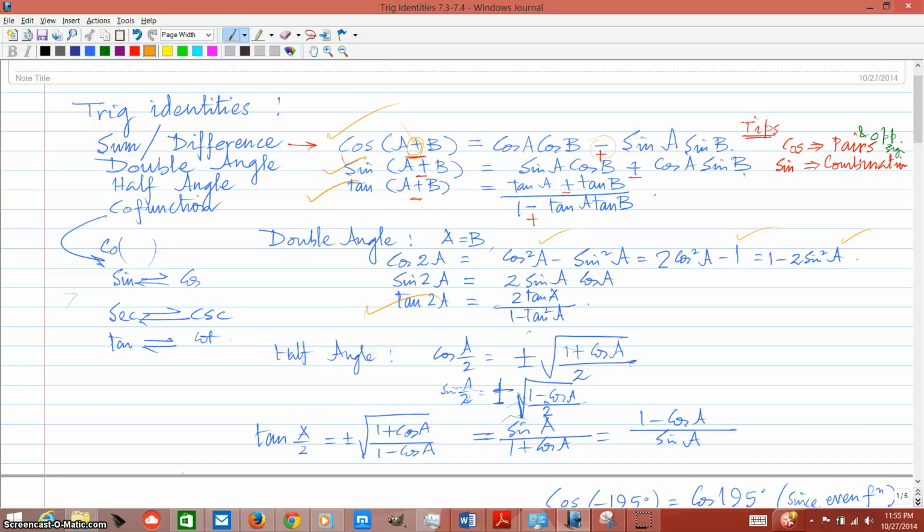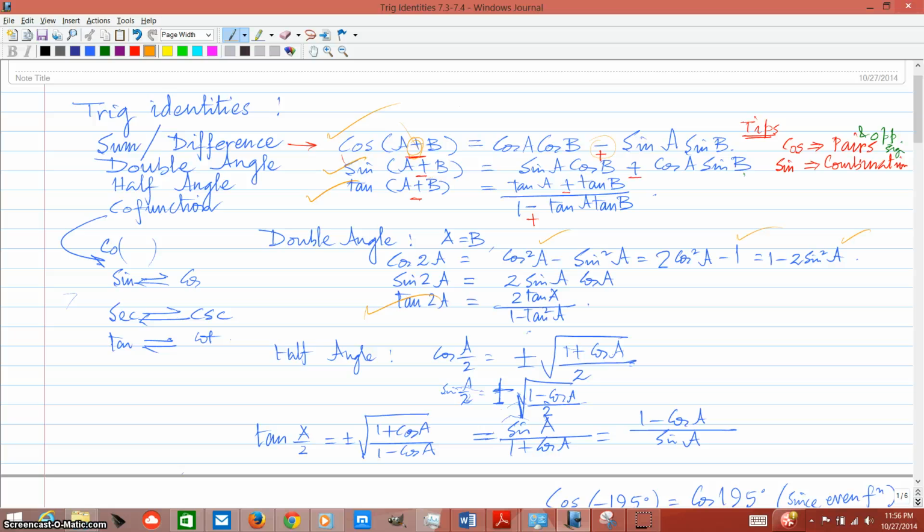Now for half angle, pay attention that if you remember one half angle, you know the other ones. For cosine A by 2, you always use the plus minus sign when you do not know the angle measurement, but if you know it, then you have to choose the correct plus or minus sign to go along with it.